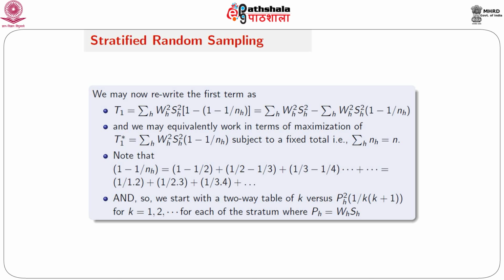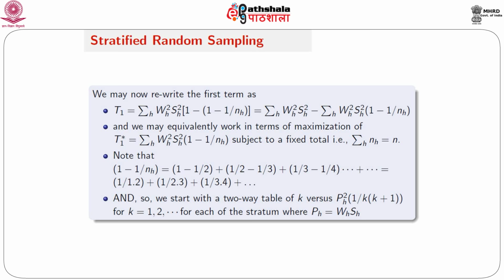And this is how the thinking process goes, that 1 minus 1 over nh you can write as 1 minus 1 half, plus 1 half minus 1 third, plus 1 third minus 1 fourth, and so on. And that simplifies to 1 over 1 into 2, plus 1 over 2 into 3, plus 1 over 3 into 4, and so on.